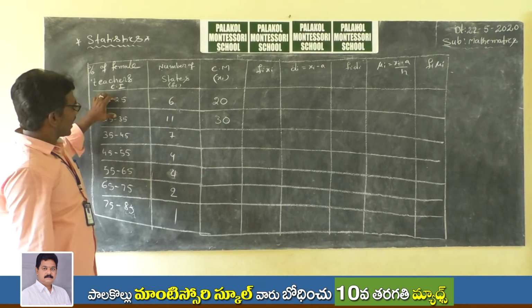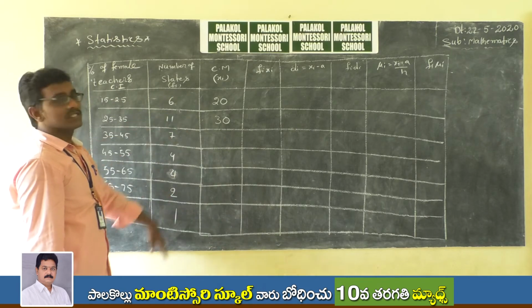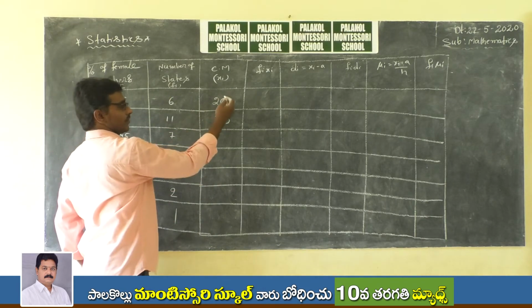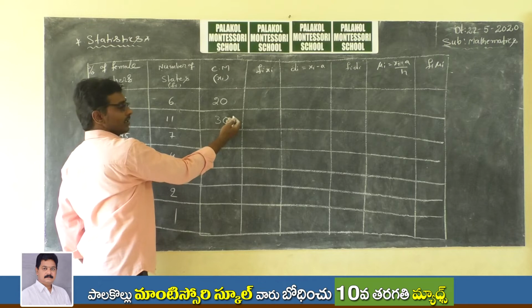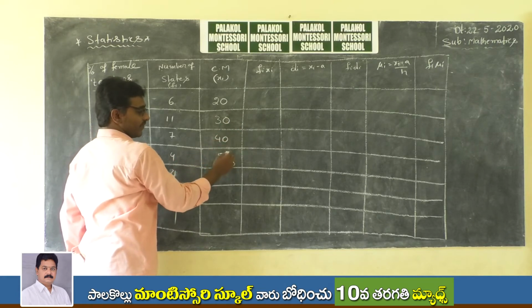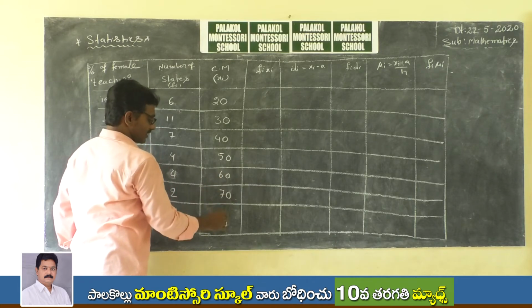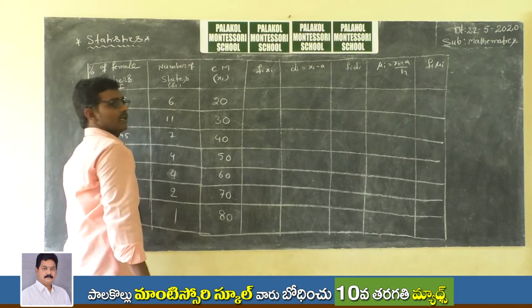So the logic is simple. What is the class size? 10. So we add the 10 to the class mark, the first one. 20 plus 10 is 30, 30 plus 10 is 40, 40 plus 10 is 50, 50 plus 10 is 60, 60 plus 10 is 70, 70 plus 10 is 80. Why?